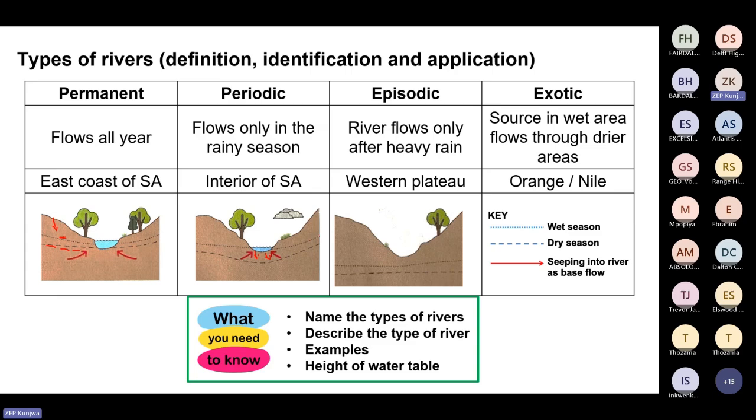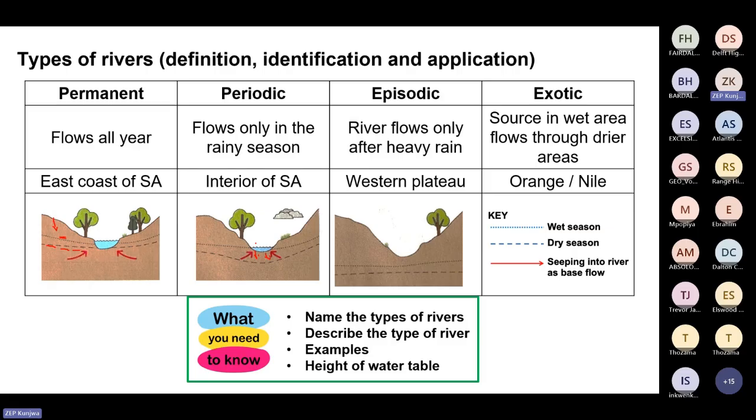As you can see, this represents the water table during the rainy season. So the groundwater will be feeding the river with water here. Yes, so which means this river is going to flow when it's raining, in the rainy season. So it only flows in the rainy season.